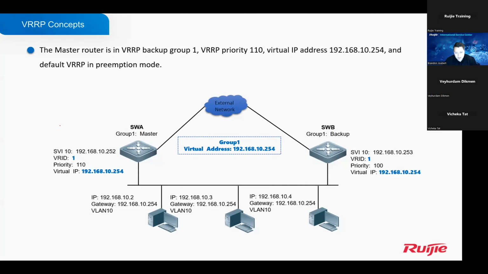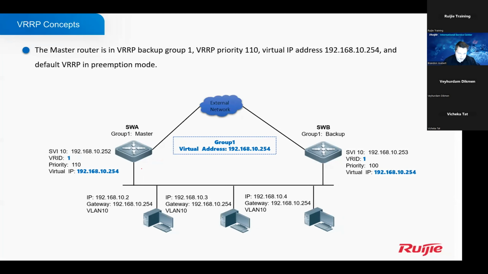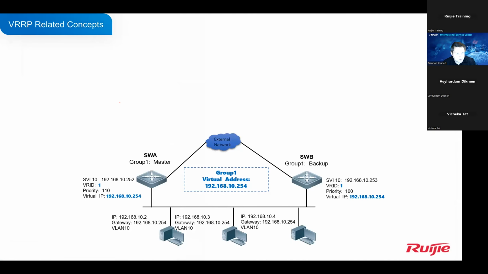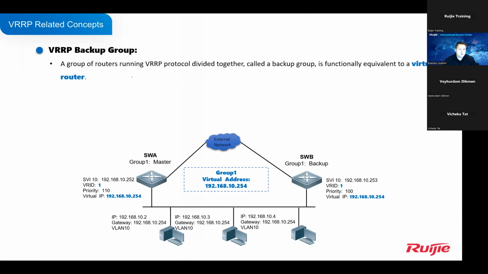Okay. So now that we are quite familiar with this topology over here, here are some interesting facts that we need to know. A VRRP backup group: a group of routers running the VRRP protocol, grouped together and called a backup group, is functionally equivalent to a virtual router.